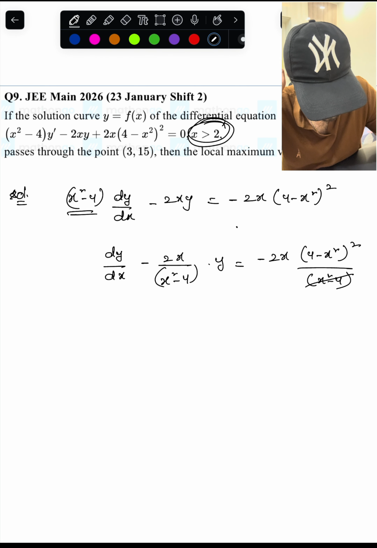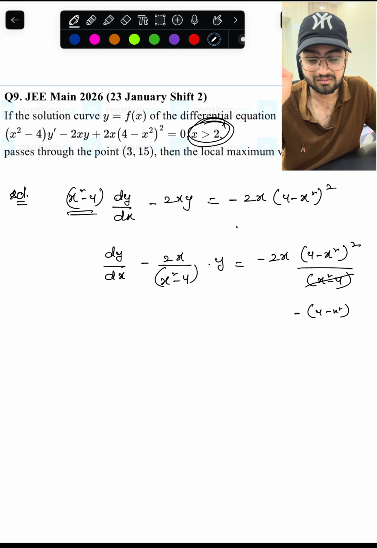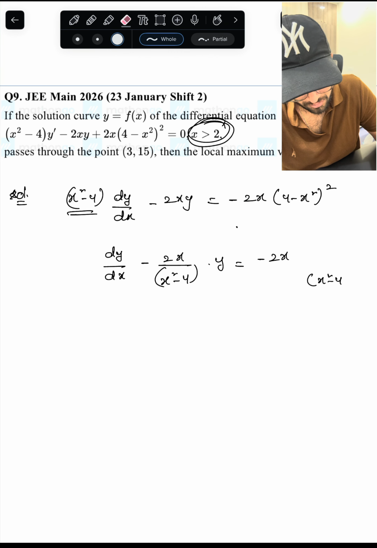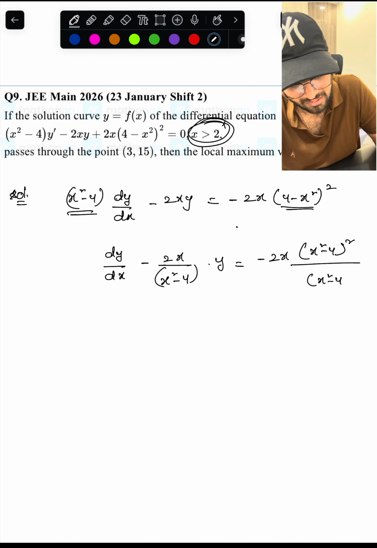Now if you cancel this, you cannot write −(4 − x²) directly. In the numerator, instead of (4 − x²)² I can write (x² − 4)².